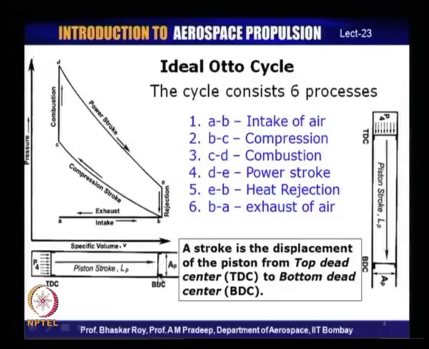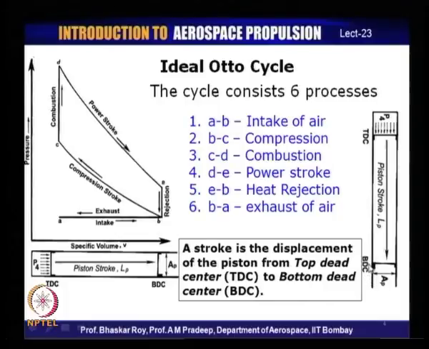Now, what happens is over here, the end of the piston stroke, one end is called BDC. If you take the piston in an upright position, the lower one is referred to as the bottom dead center, and the top one is called the top dead center. That is how the names were given.